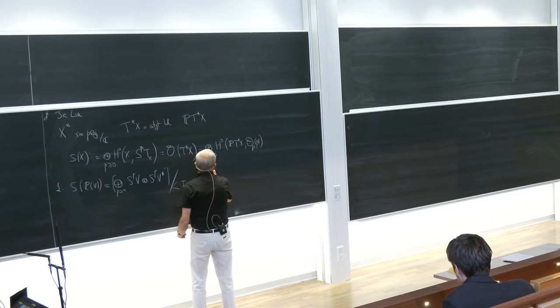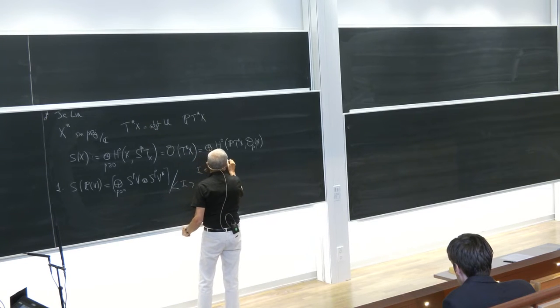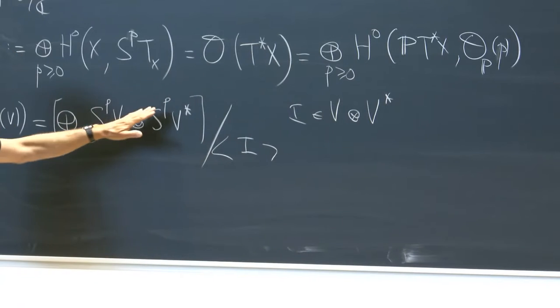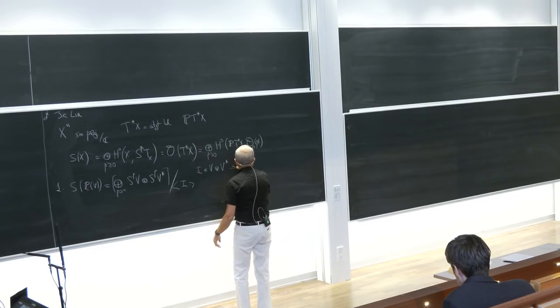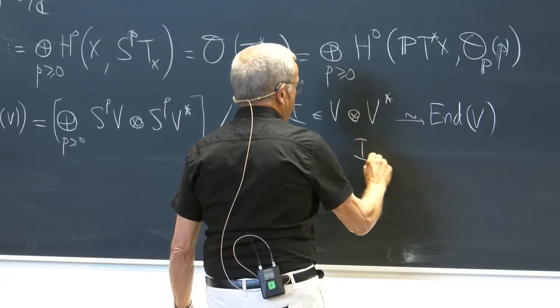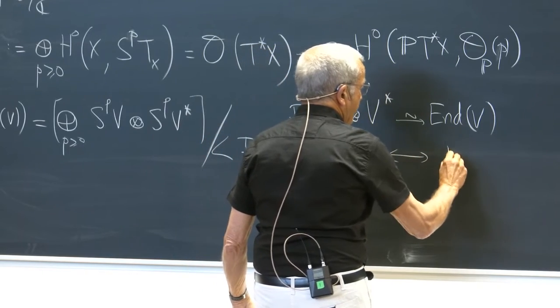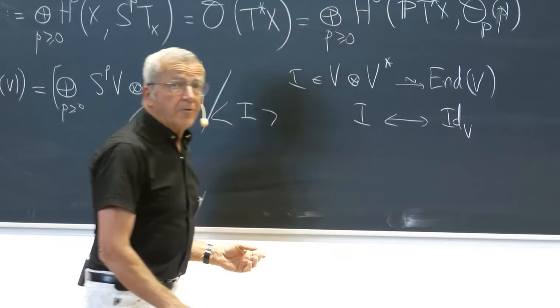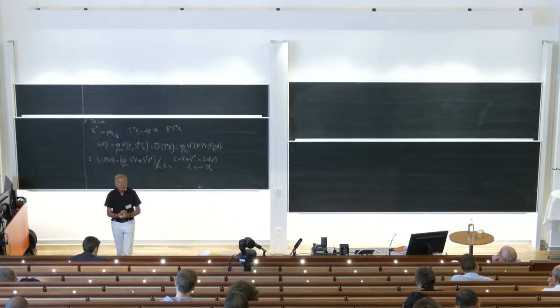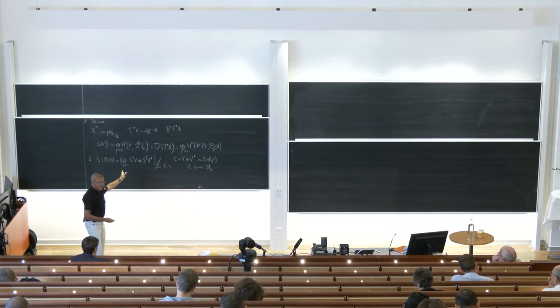It is in V tensor V star. So it's an element of degree 1 here, which, of course, is canonically isomorphic to the endomorphisms of V. And I corresponds to the identity of V. So you see already for projective space, the answer is not trivial. I mean, it's an easy exercise. I will show you why this is true, but this is already somehow complicated.